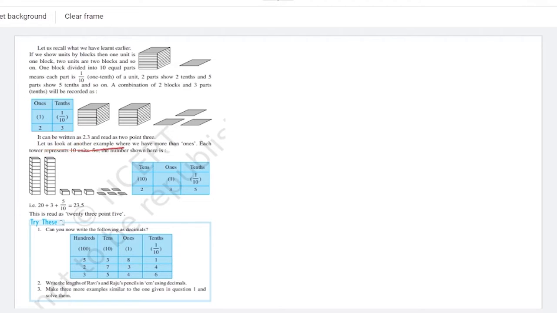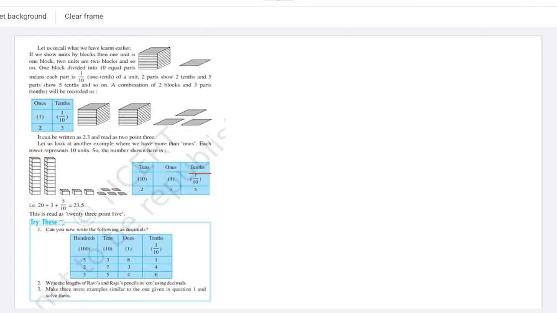Let us look at another example where we have more than ones. Each tower represents 10 units. We said this is one block. 10 blocks will form one tower. So you have 2 towers. Actually they are tens.